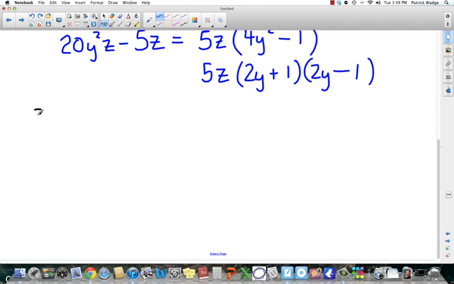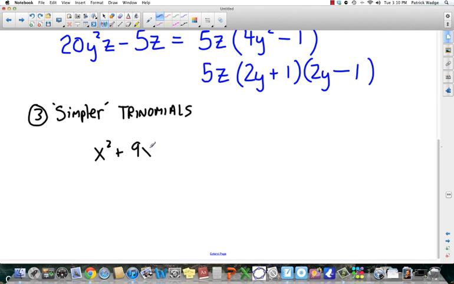Okay, the third type is simple, or simpler. Maybe I should put simpler. Simpler trinomials. They're not simple, but they're a little bit easier than the more difficult trinomials that we'll do last. So this is a question. Questions like x squared plus 9x plus 14.